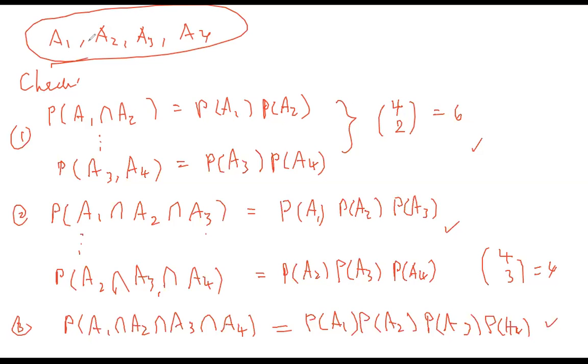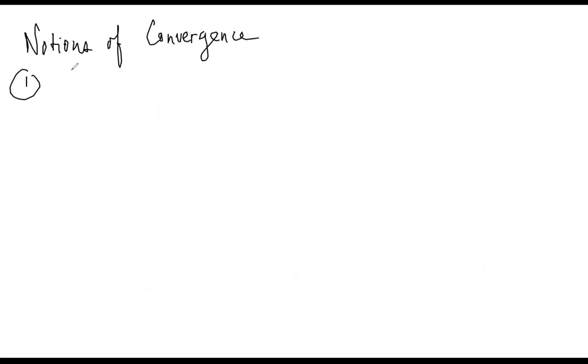Okay, so now I'm going to talk about the notions of convergence. So I have number 1 is called convergence with probability 1.